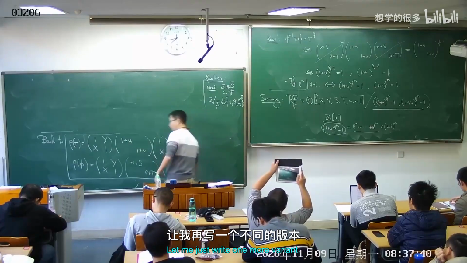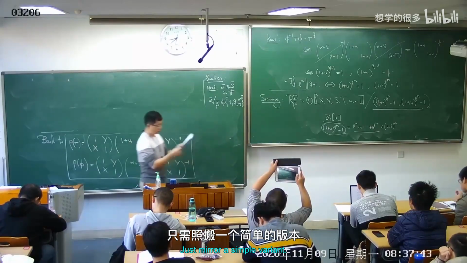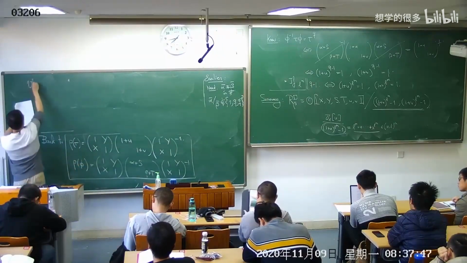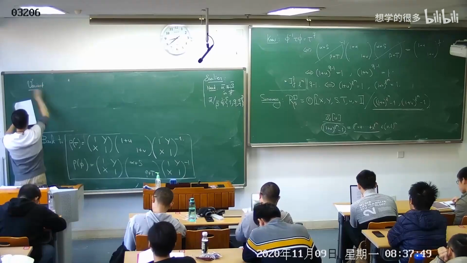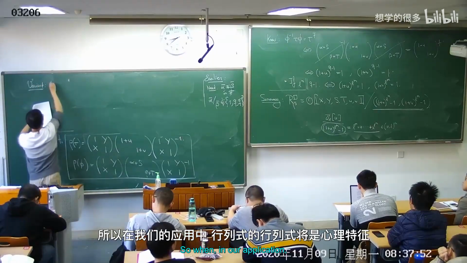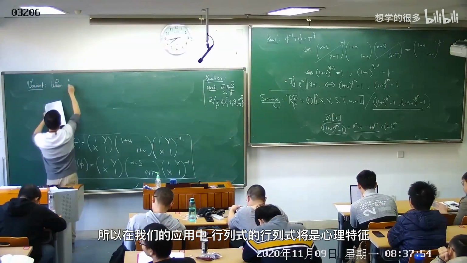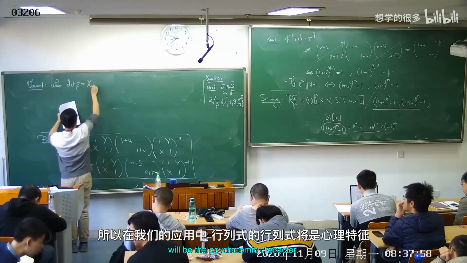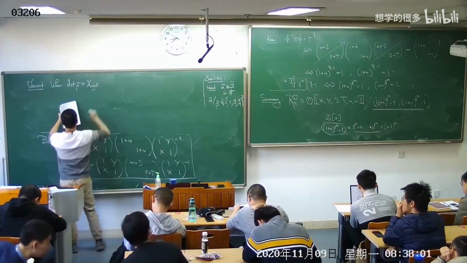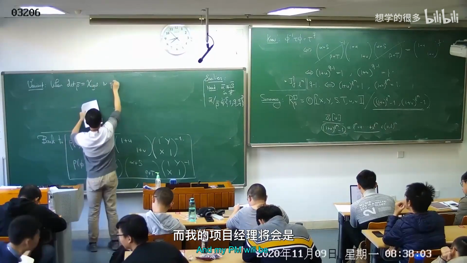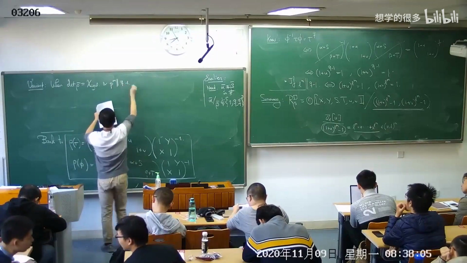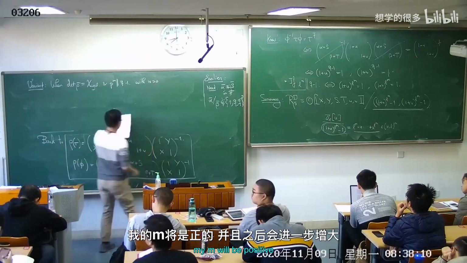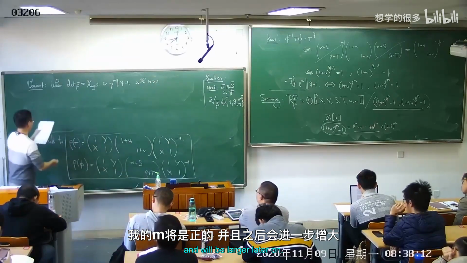Let me just write one more variant, just very simple variant. So in our application, the determinant of rho bar will be the cyclotomic character, and my m will be positive, and it will be larger and larger later on.